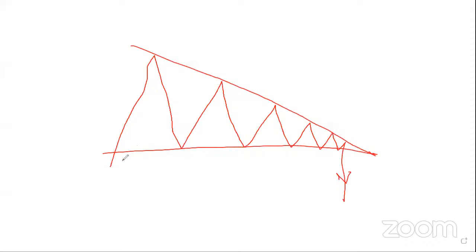So this is a flat support or a horizontal support. And this one is a diagonal.